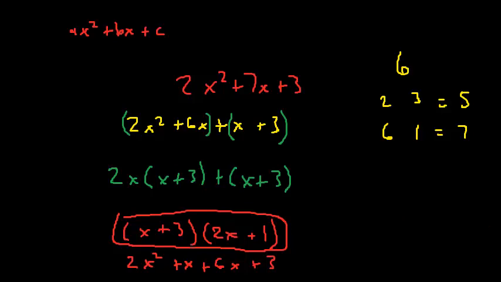We'll try this again. Let's try 3x squared plus x minus 2. So again, this time I take my 3 times my negative 2, which gives me negative 6. And I find factors of negative 6 that add up to a positive 1.